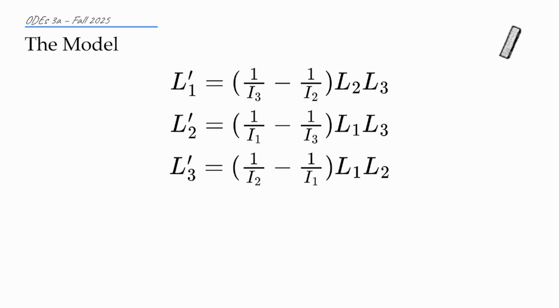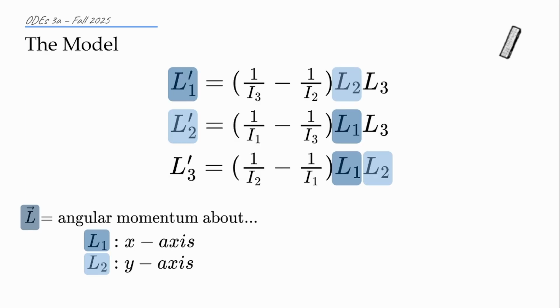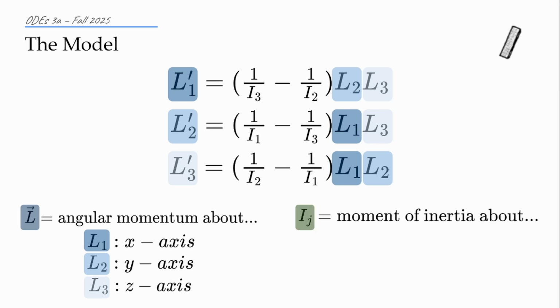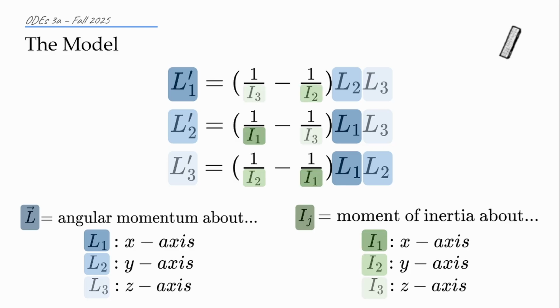From this equation, we can derive a system of three ODEs. Our state variable is L, which is a vector whose components represent the angular momentum about the x-axis, y-axis, and z-axis. A parameter for this system is I sub j, which represents the moment of inertia about the x-axis, y-axis, and z-axis.